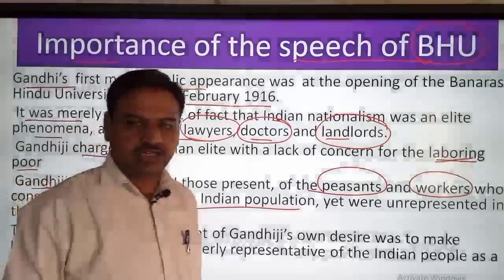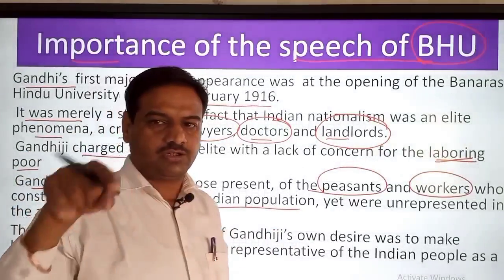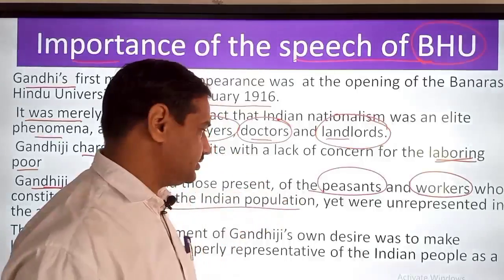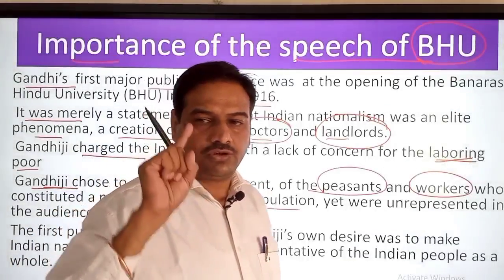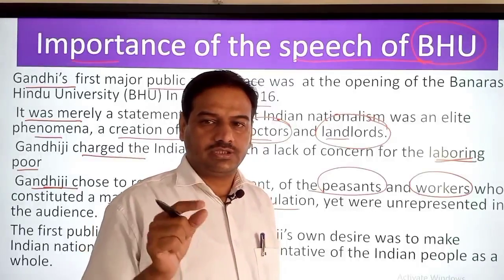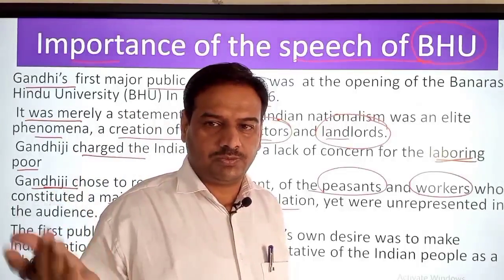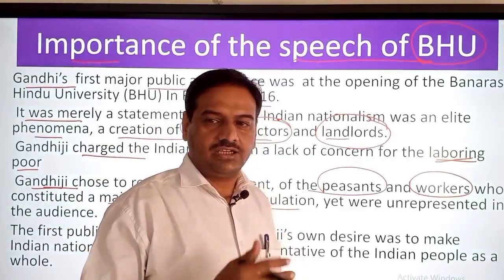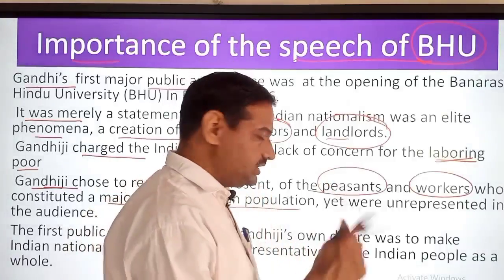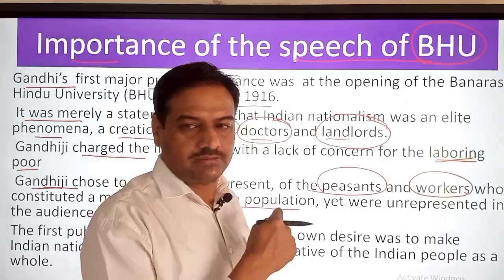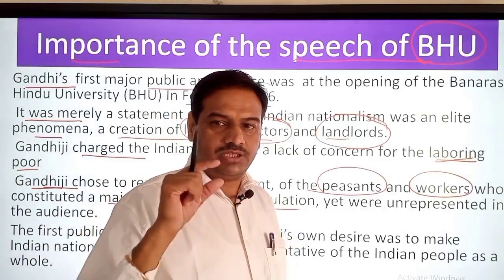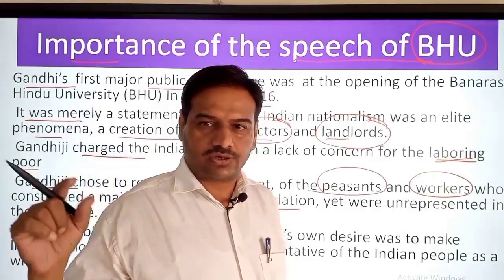So the majority of people in India used to be poor. They were from the lower class or from the peasant community. So Mahatma Gandhi asked them to think about the majority of people, and said that without involving this majority in the nationalist struggle, we could not be successful. So he blamed the aristocratic people for not being considerate to the poor and lower class people.